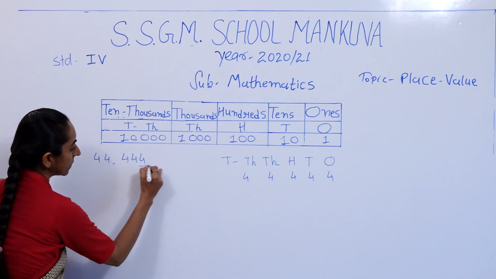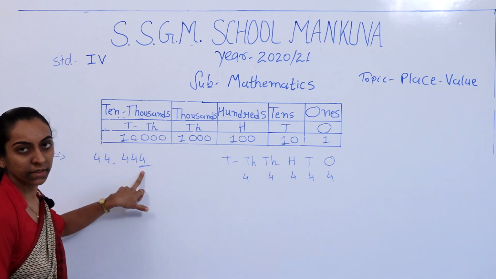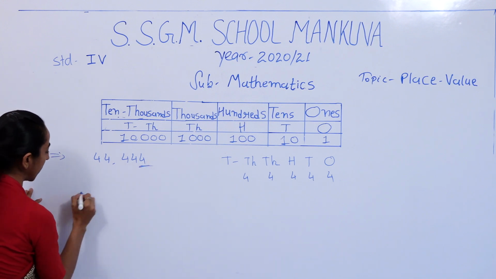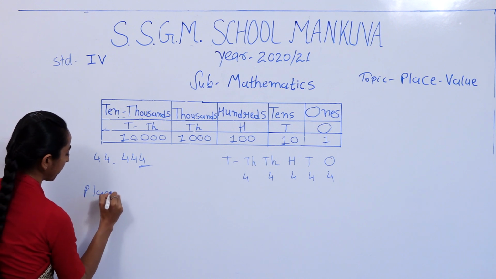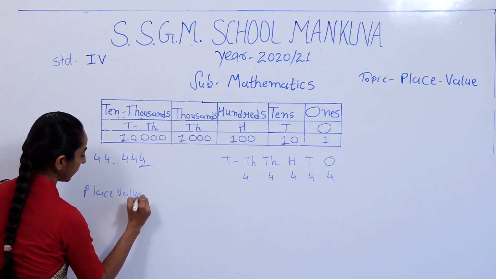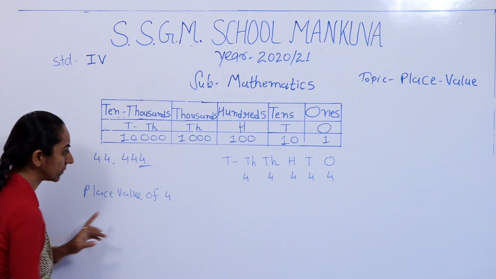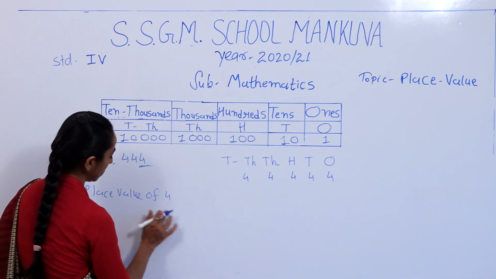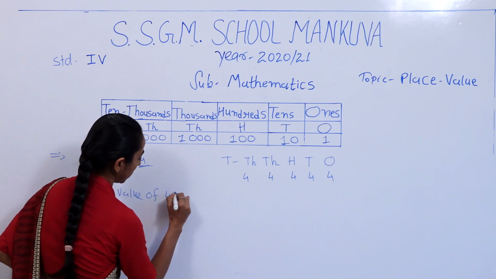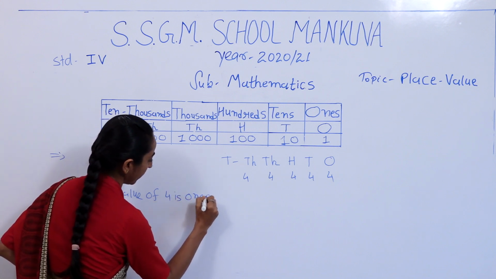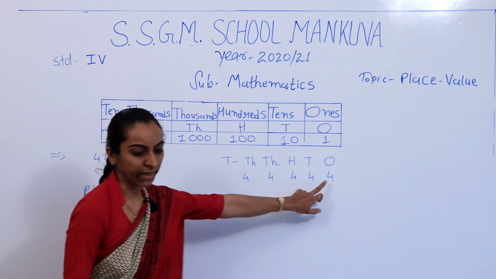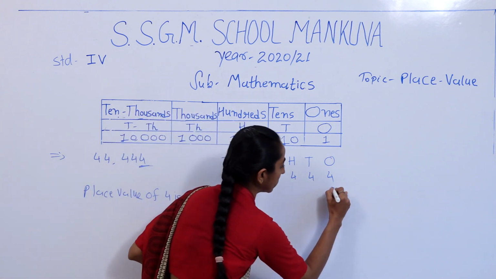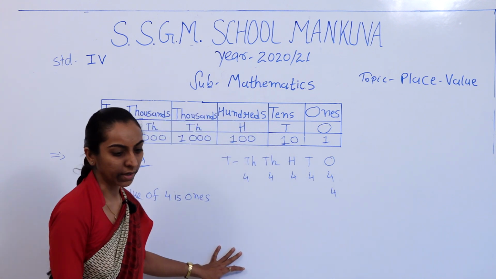Now first we write the place value of 4. This 4 is in the ones place. Ones place, that means 4. Okay.